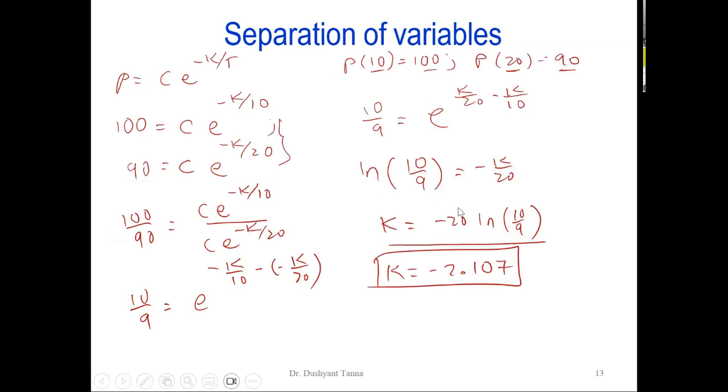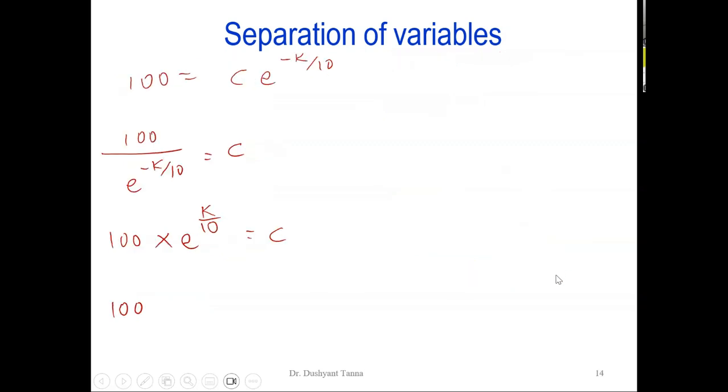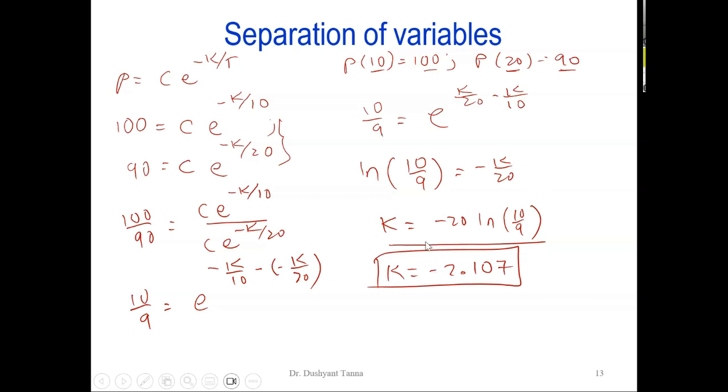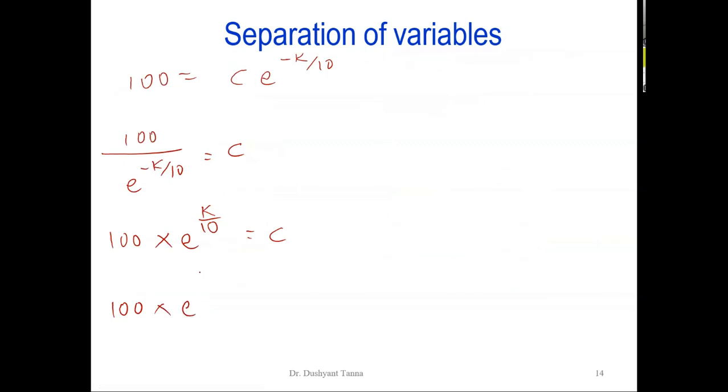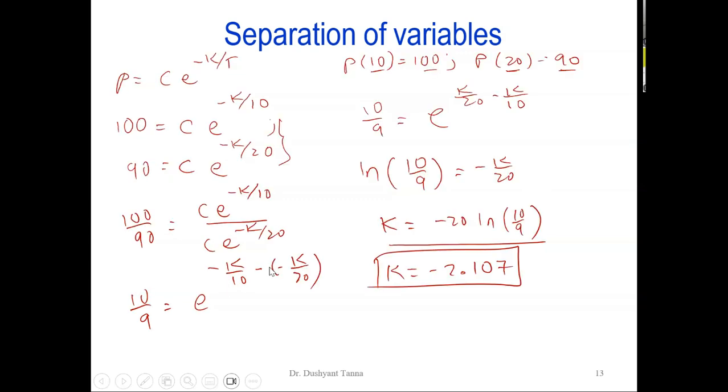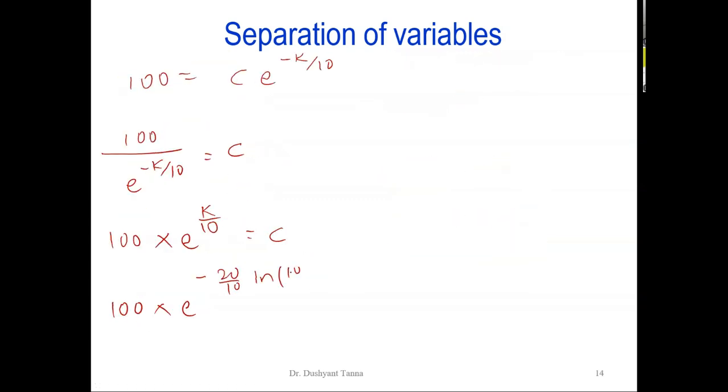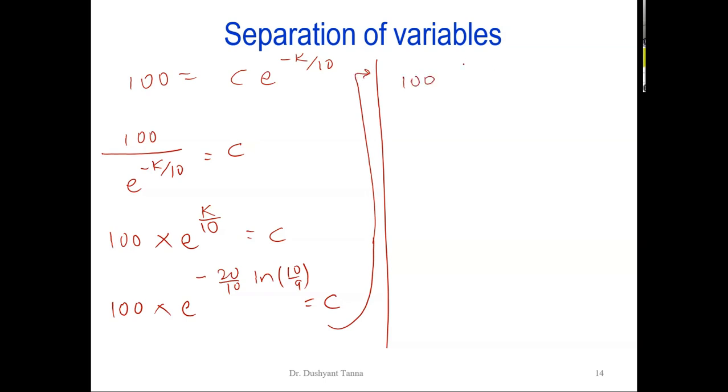I would prefer to write this value, rather than decimal, even though decimal makes more sense. Times e raised to minus 20 ln 10 on 9 is C. The next step is 100 e raised to minus 2 ln 10 on 9 is C.